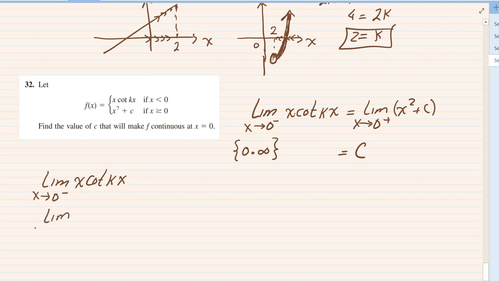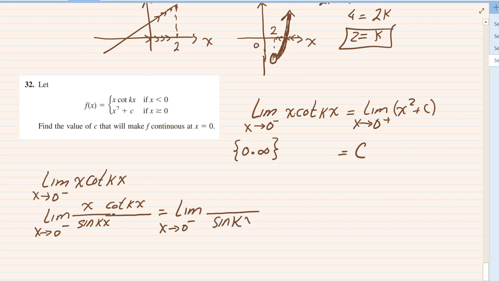So this is the limit as x goes to 0 from the left of x over sine kx, times cosine kx. There's my cosine over sine. Now, this looks like something that we have seen before. Remember the limit of sine x over x? Except this is now sine kx.